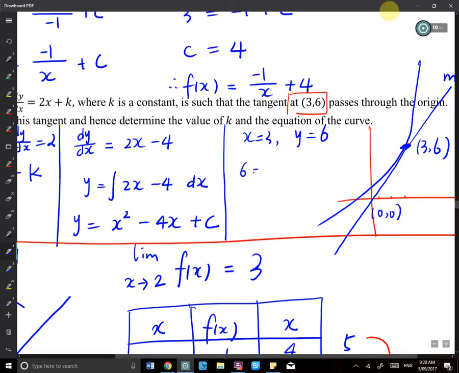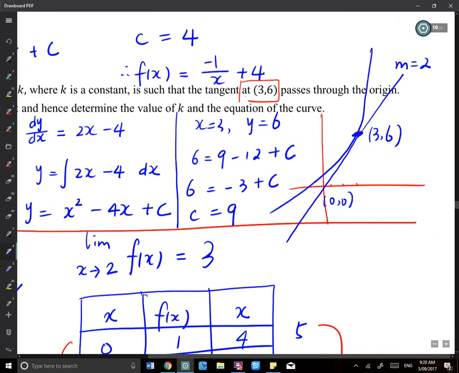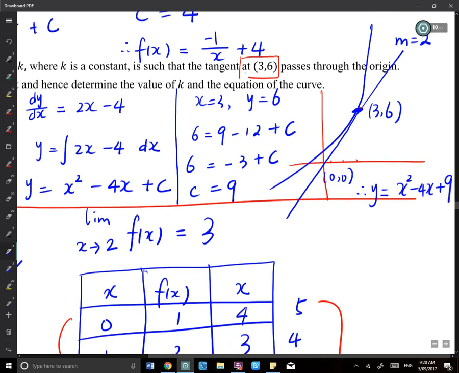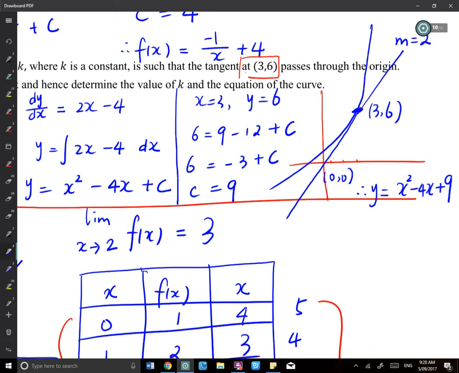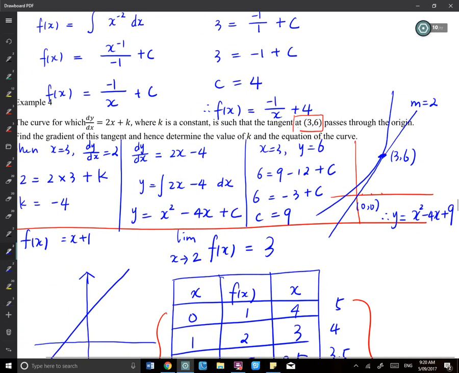So 6 equals 9 minus 12 plus c. 6 equals minus 3 plus c. c equals 9. So y equals x squared minus 4x plus 9. That's how we find k first and then how we find c. We just finished this chapter.